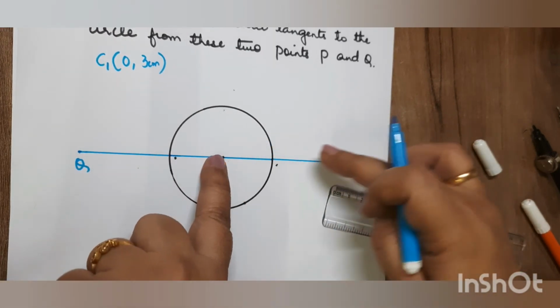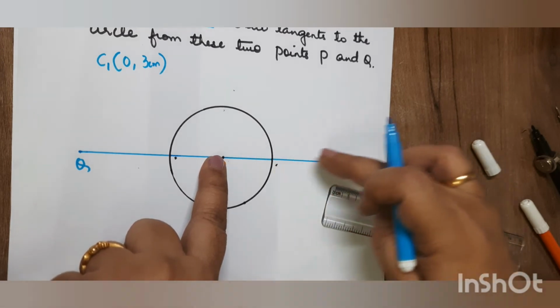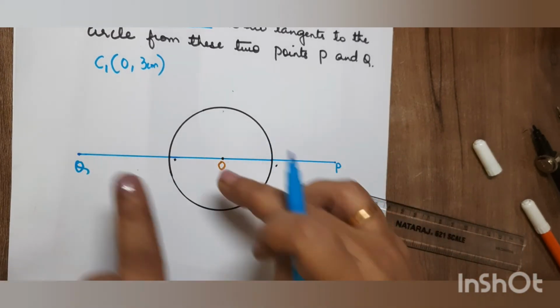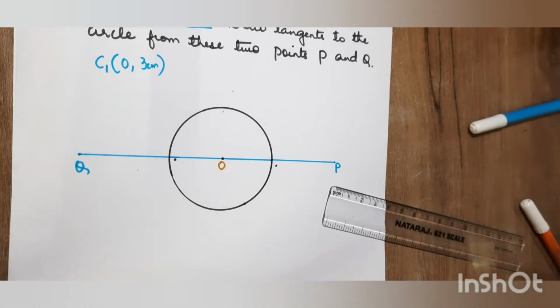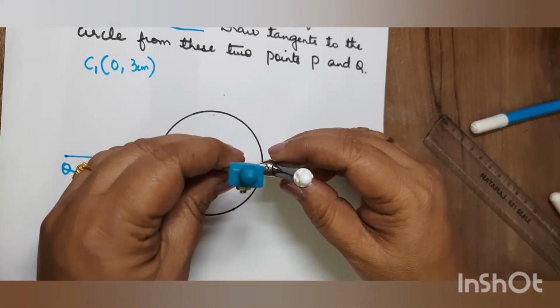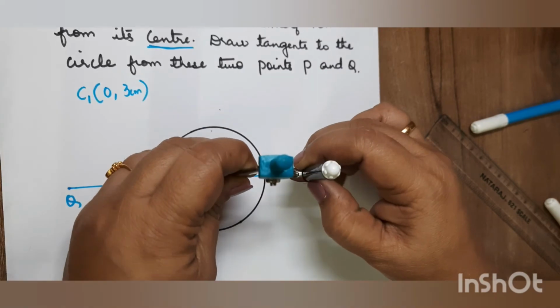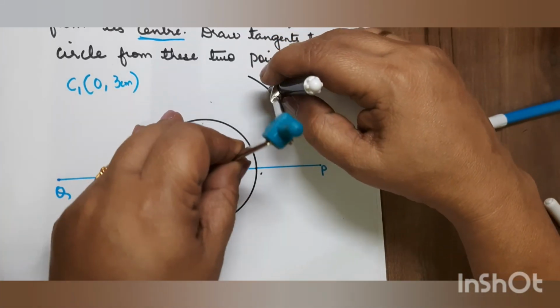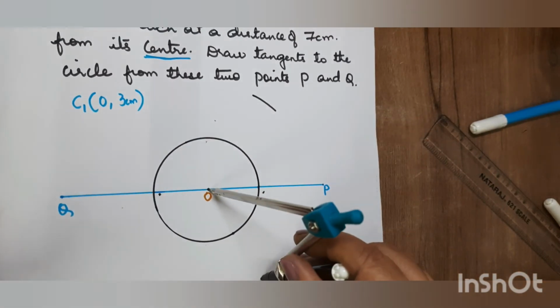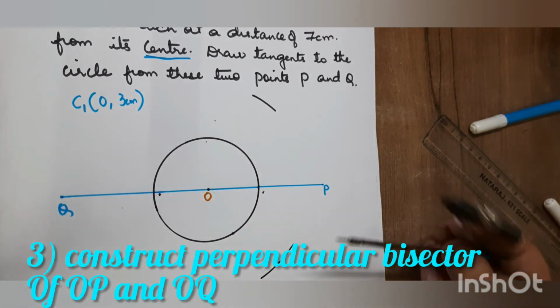So we will draw the perpendicular bisector for OP and OQ. We will get 2 circles here. You can do it at a time. First the perpendicular bisector: take more than half, draw one arc up and down, the way we draw the bisector.